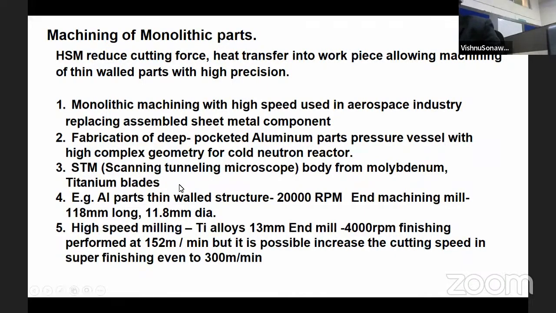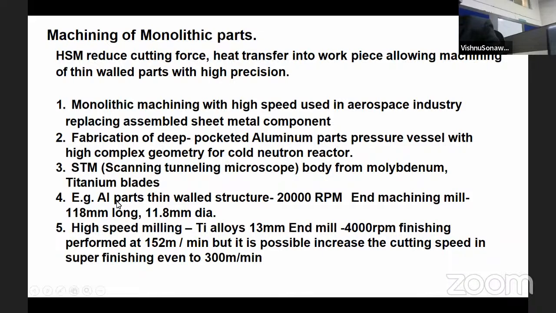Here one application is the body of the scanning tunnel microscope, the body from molybdenum and titanium plates. This titanium plate is for the Kaplan turbine and Francis turbine. Here we can manufacture these parts by high-speed machining.